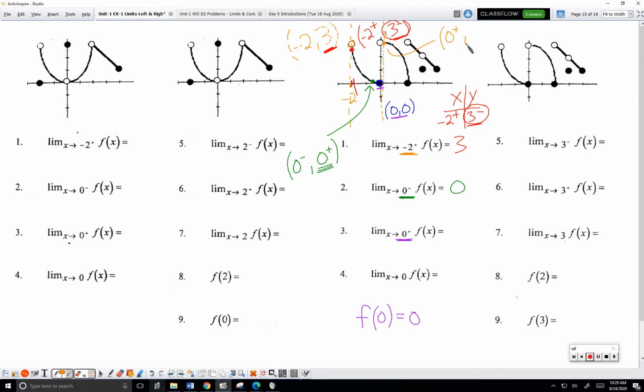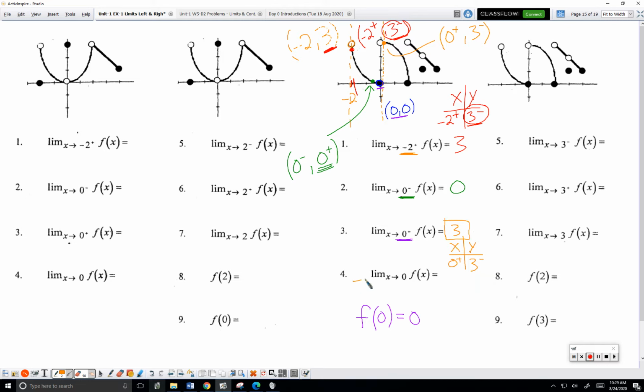The y-coordinate right there looks to be just barely less than 3. So when the x-coordinate is a little bit positive of 0, the y-coordinate is just barely less than 3. Therefore, this limit is exactly 3.